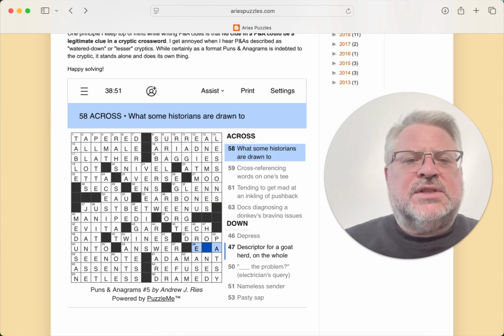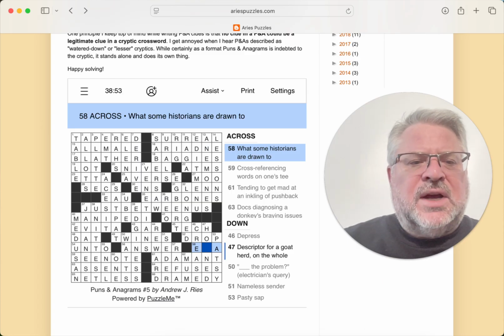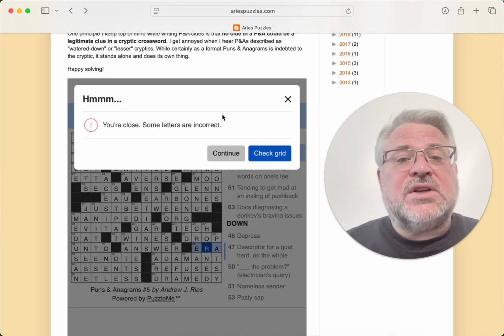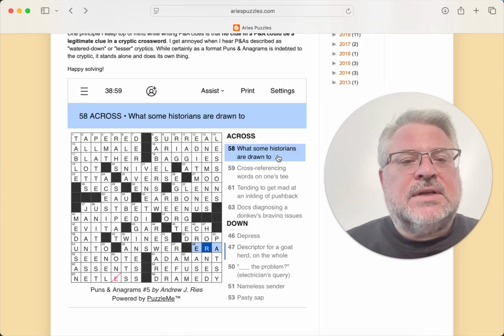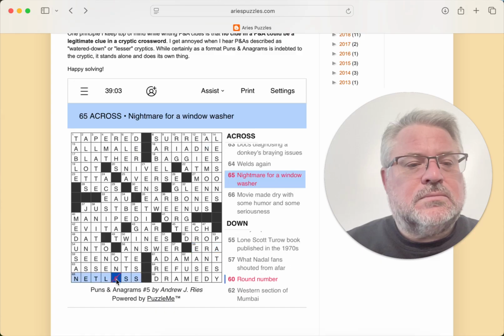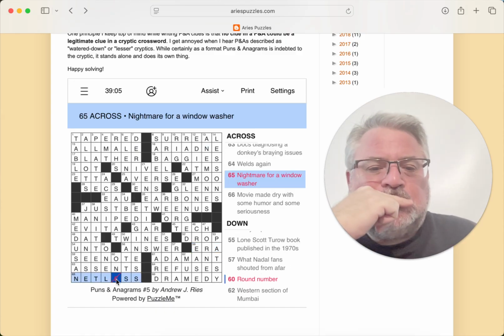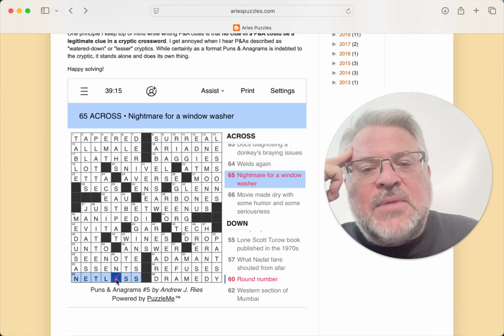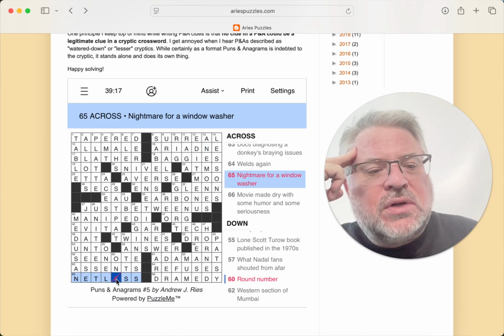And historians may be drawn to a historical era. I think this finishes the puzzle. Some letters are incorrect. Round number. And it is not nutless. Nightmare for a window washer.